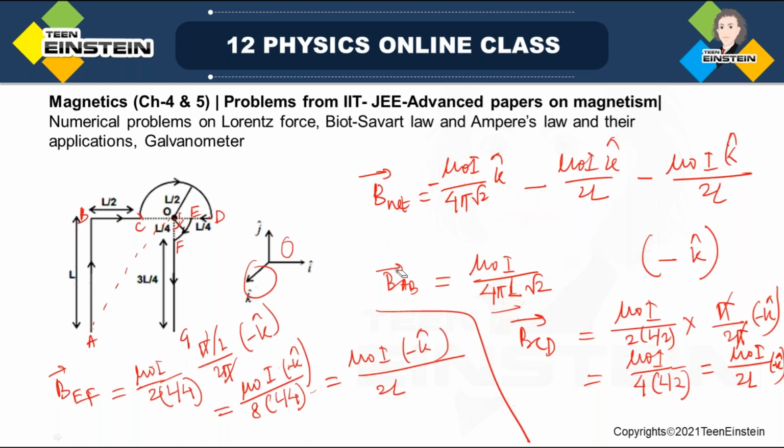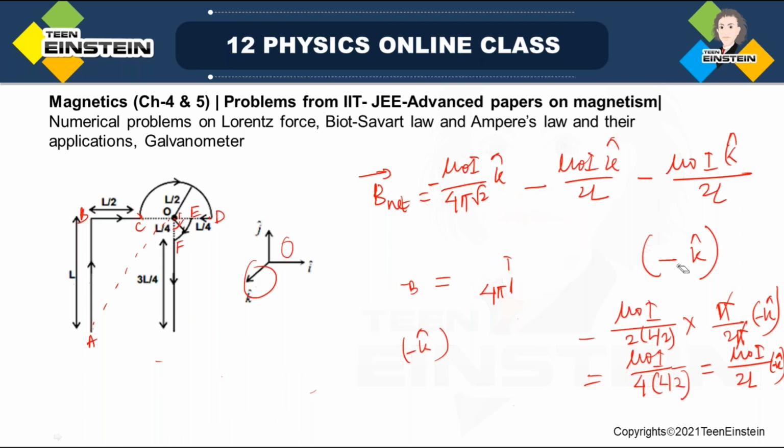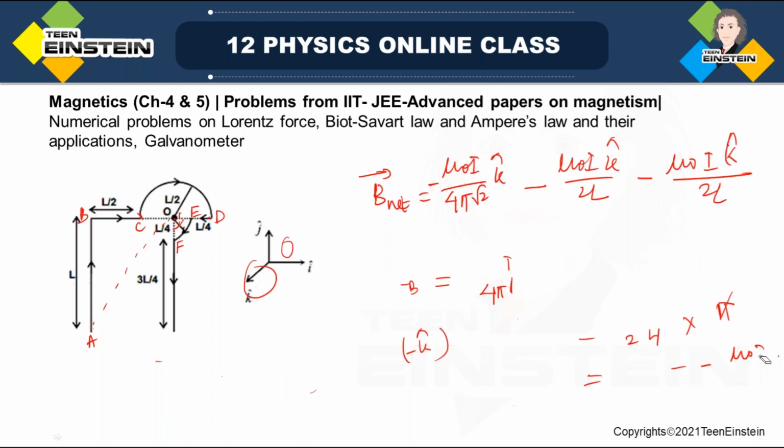So this is all I have written. Now I'll clean these portions and write down the final answer and match with the options given. I hope you have understood how I have calculated the magnetic field for each of the segments.